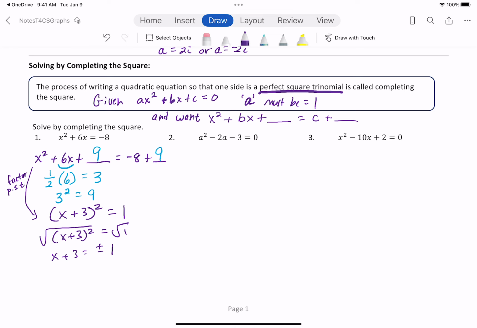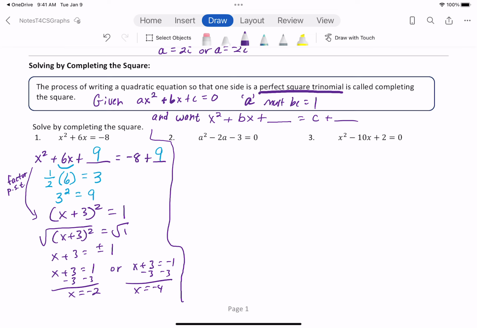So now all we have to do is solve for the variable. So I'm going to say x plus 3 equals +1, or x plus 3 equals -1. I'm just dividing it up into its two separate cases, and then we can solve both of these for x. I get x equals -2, or x equals -4. So those should be my two solutions.